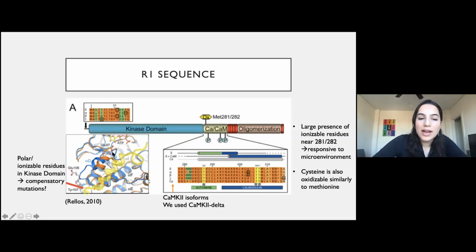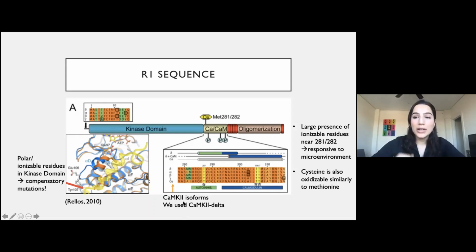So we were thinking, since the oxidation of methionine creates a different environment here that makes it unfavorable for this autoinhibitory binding to occur, maybe we could in the future mutate some of these ionizable residues to favor the reassociation of that oxidized state of the regulatory domain to then bring down the activity.